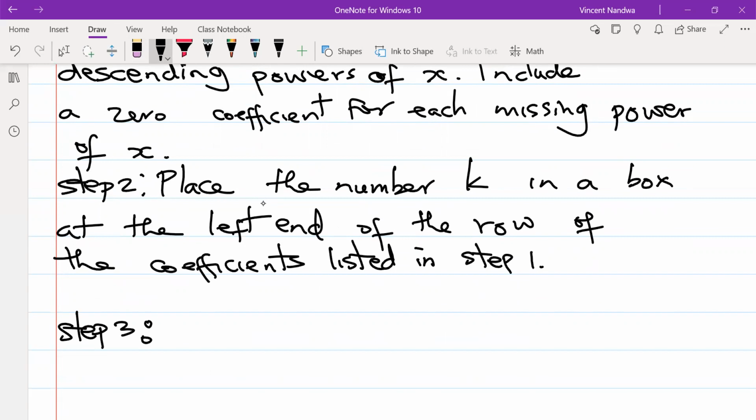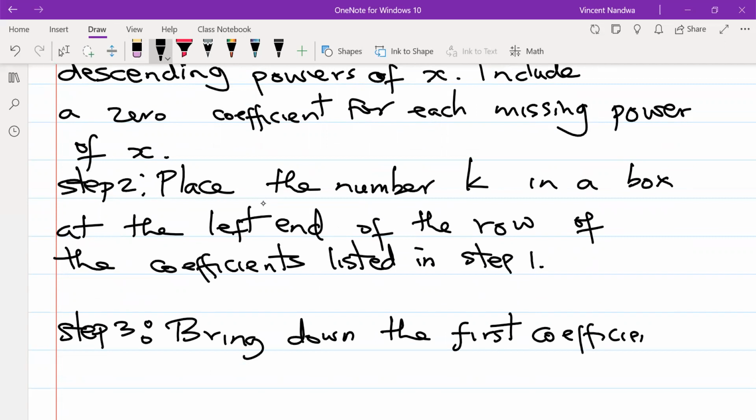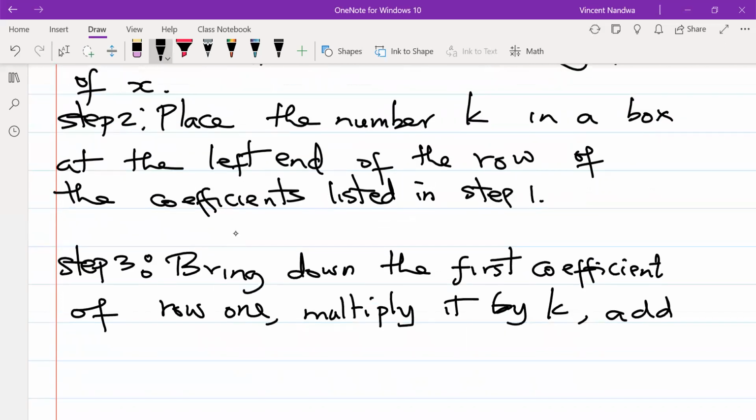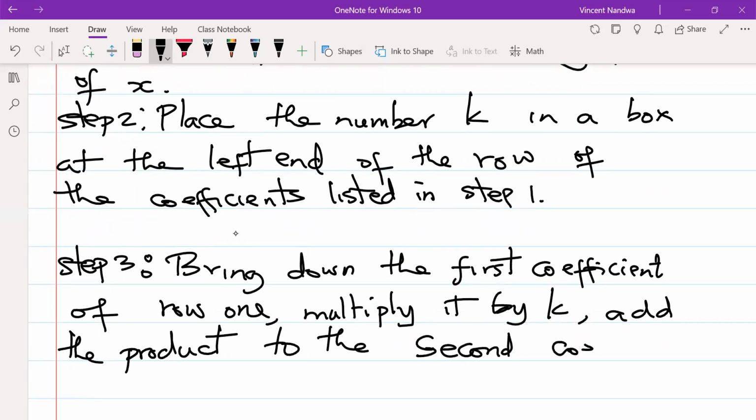Step 3, bring down the first coefficient of row 1, multiply by k, add the product to the second coefficient in row 1, and bring down the sum.